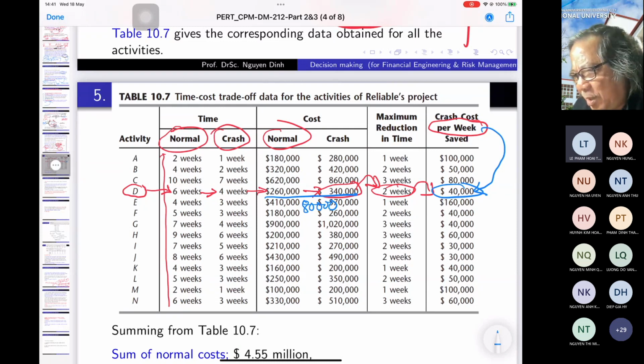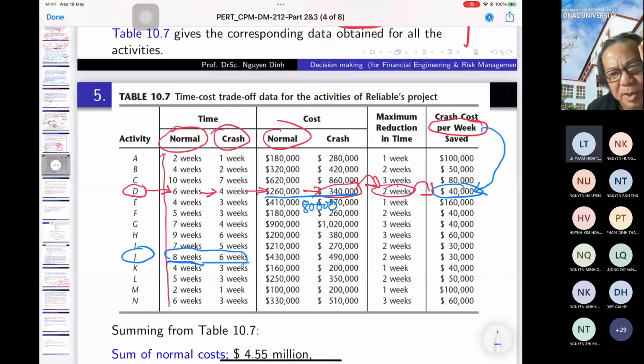And then, for example, node J is 8 weeks, but the expert comes and says, okay, for this node we can reduce to 6. So with this node we can reduce 2 weeks, but the money goes from about $430,000 to $490,000. So if you want 2 weeks, the money increase here is $60,000.